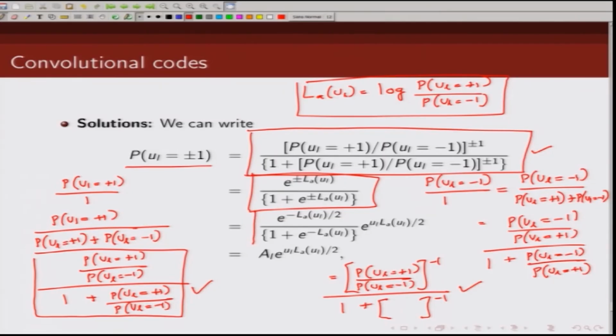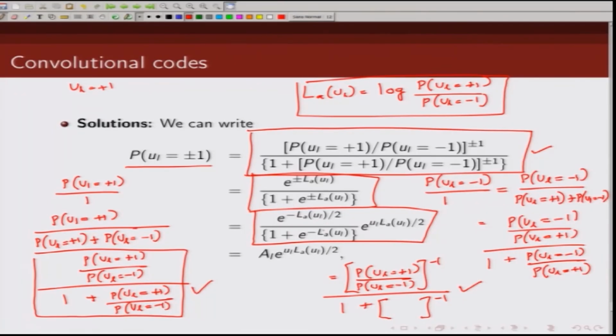into this expression. You can see, when u_l is plus 1, what do we get? This is e raised to the power L_a(u_l) by 2 and e raised to the power minus L_a by 2.